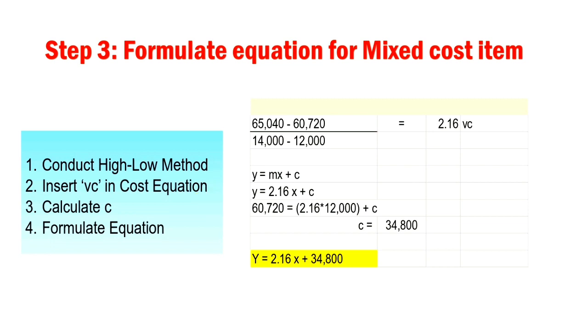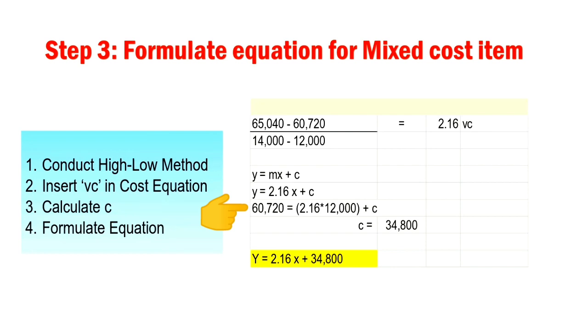Next, we choose the lowest from here. Total cost will be 60,720 and units is 12,000. So we replace total cost y equal to 60,720 equals 2.16 times unit 12,000 plus c. So we have to identify how much is c.